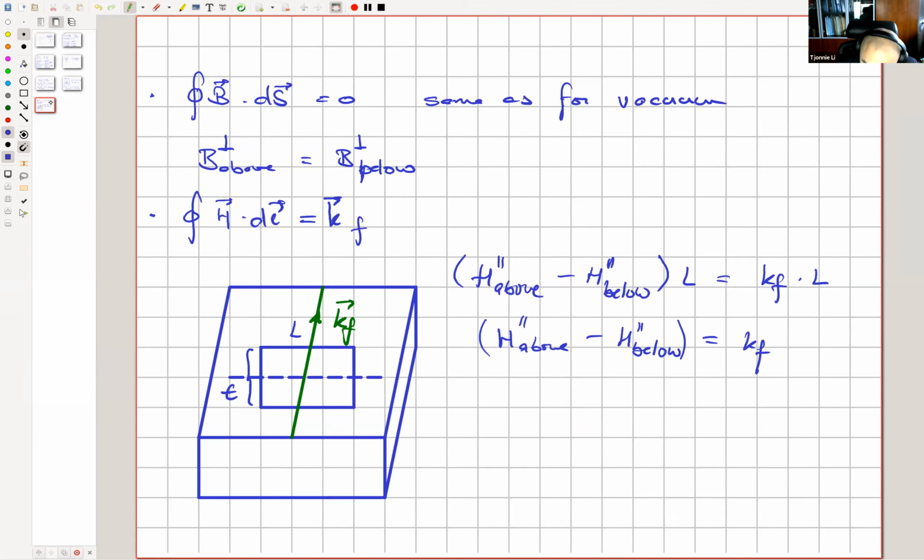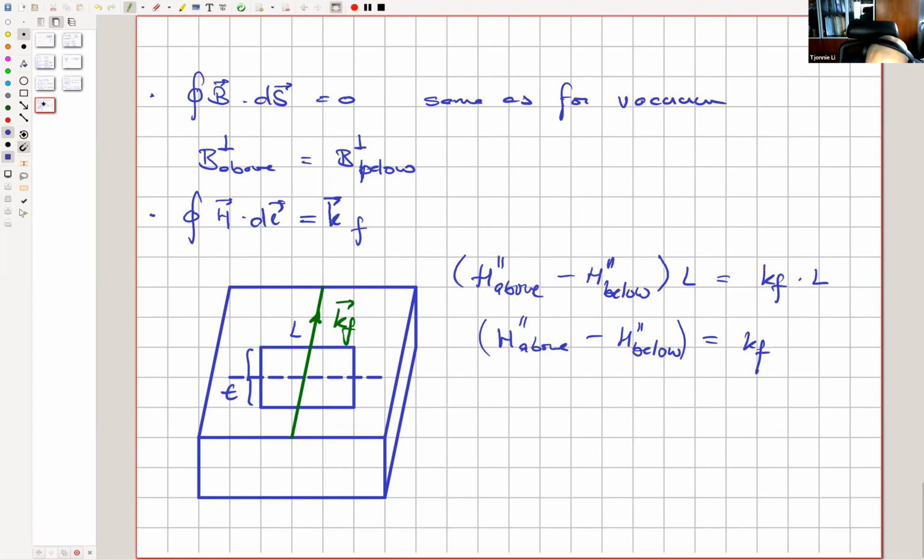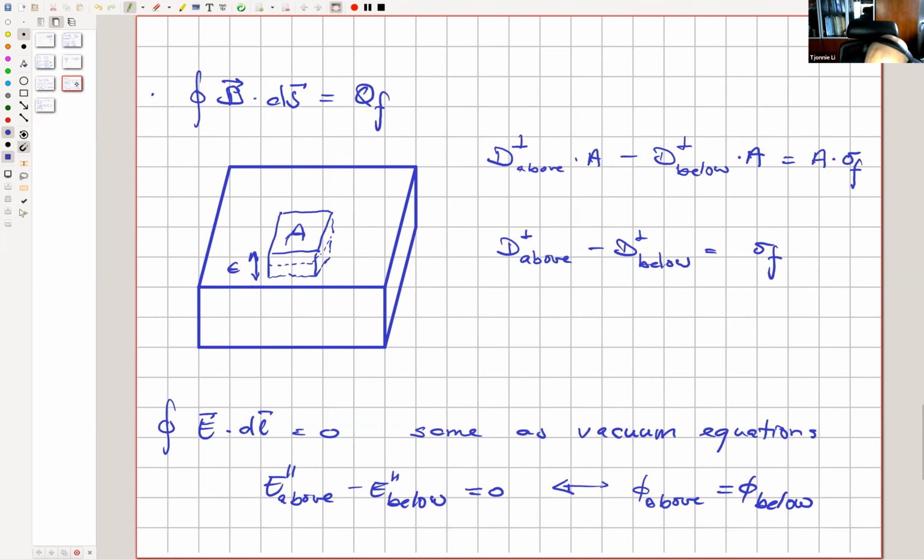For the other ones, they remain the same: the parallel component of the electric field and the perpendicular and parallel components of the magnetic field remain continuous. So those are the boundary conditions.